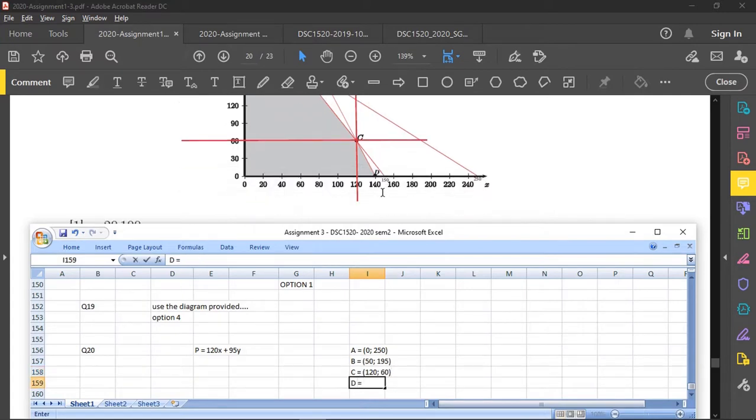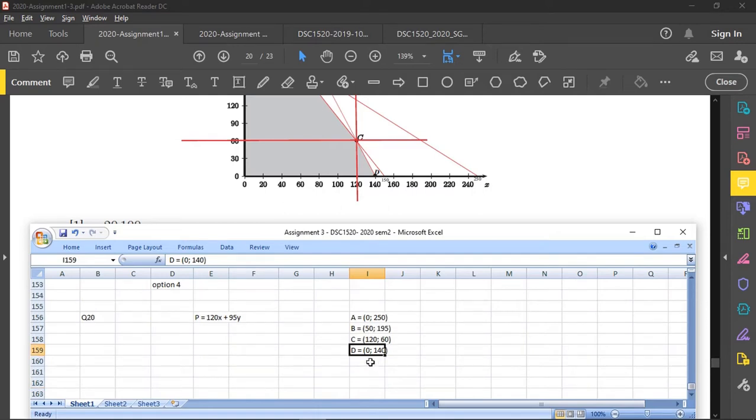Okay, D is, there's D. D is on 140. Yeah, D is on 140. Perfect. All right, great. So we've got 140 there. We've got 0. Okay, so now we need to plug those values in.